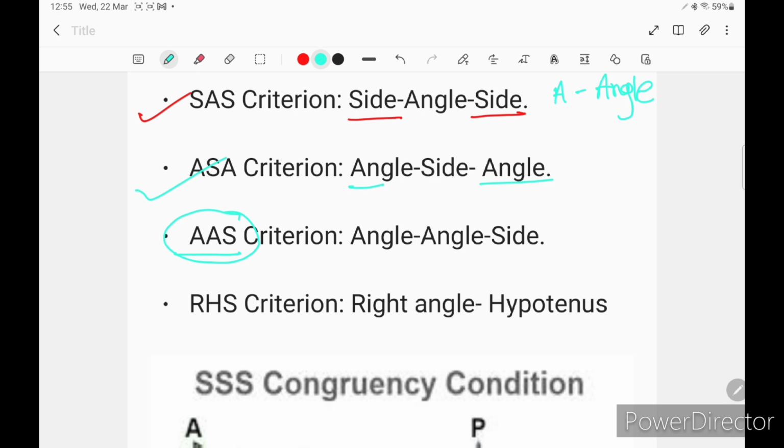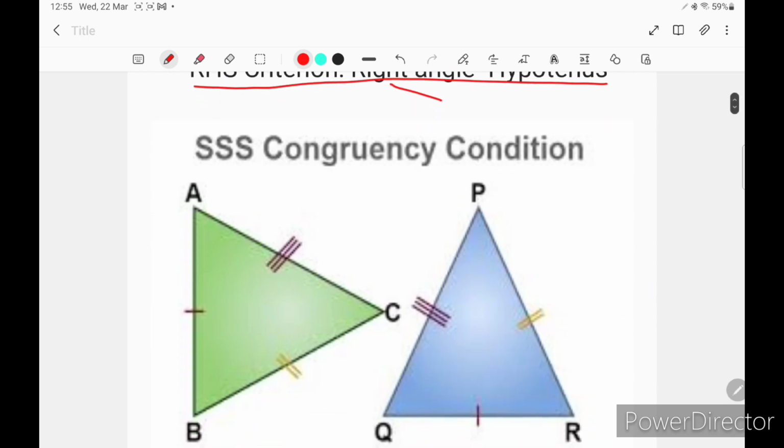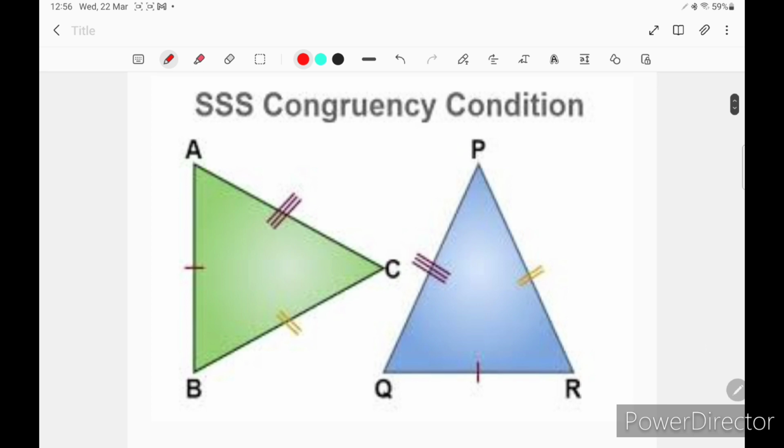Our last criteria is your RHS criteria. R is for right angle, hypotenuse. Right angle means 90 degrees. In RHS criteria, it is compulsory that any one angle will be 90 degrees. Is that clear?